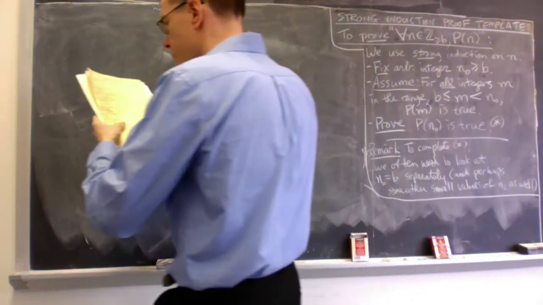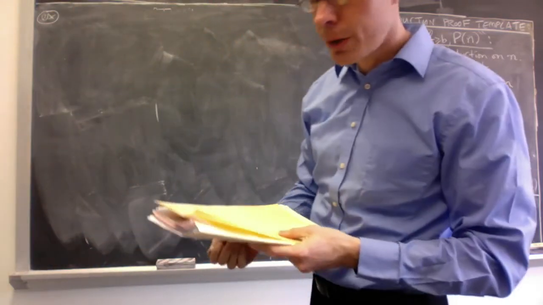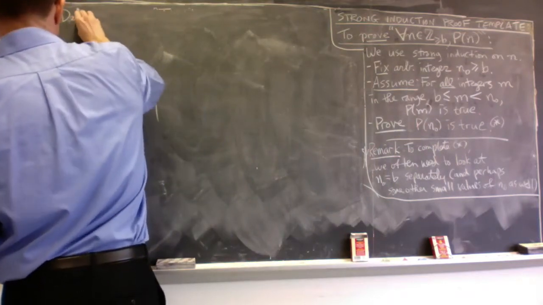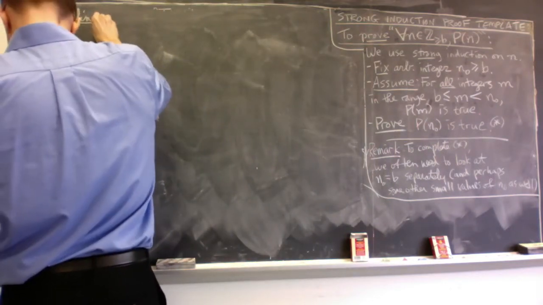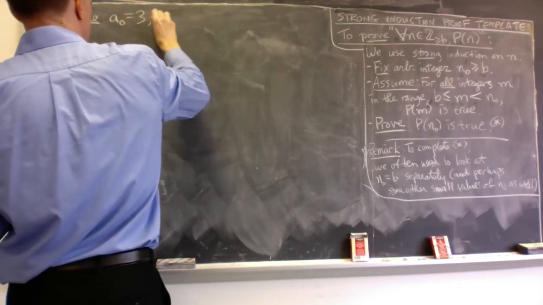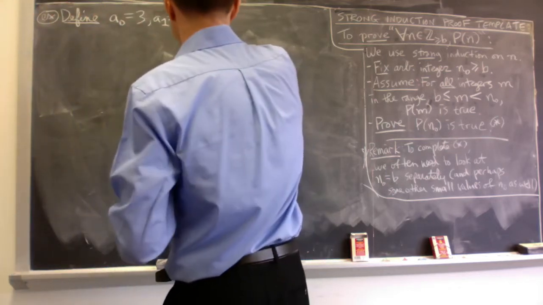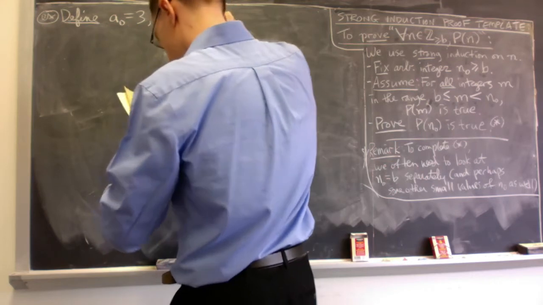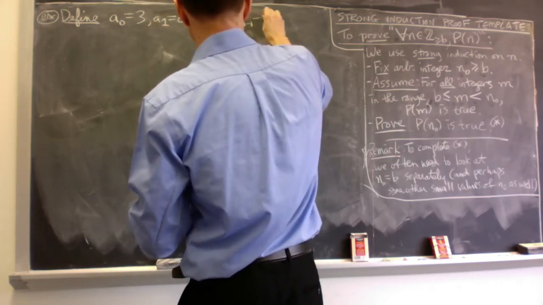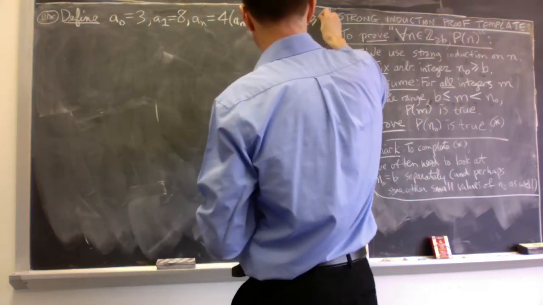Sample proof, which also has a definition in it. This is another recursively defined sequence. We saw one of these before. So define A0 equals 3, A1 equals 8, and AN is 4 times the difference, AN minus 1 minus AN minus 2, for all integers n at least 2.